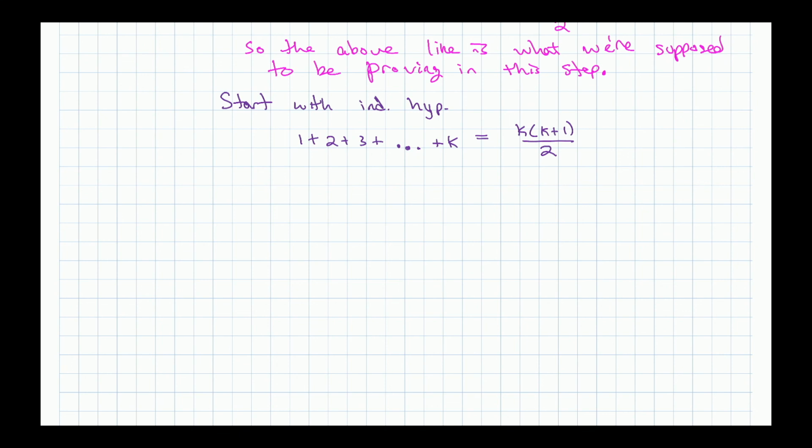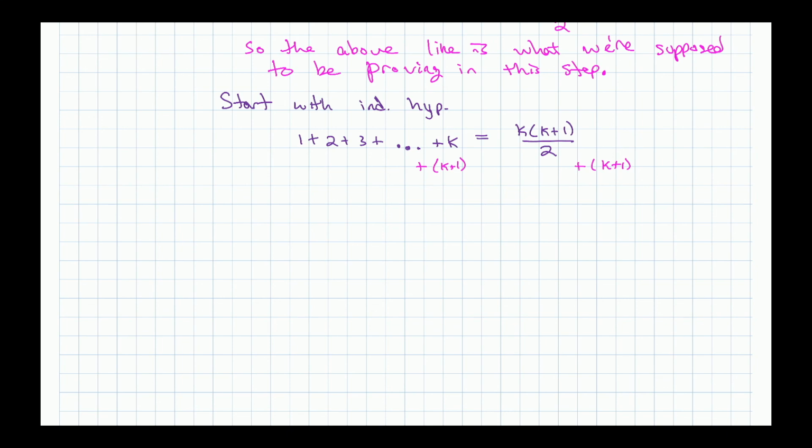That's a true fact, so I can start with that and be okay. Now what I want to do is turn this into the k plus 1 step. What the left-hand side is missing is a k plus 1. So I'm just going to add k plus 1 on the left and plus k plus 1 on the right. Now you're doing algebra here.